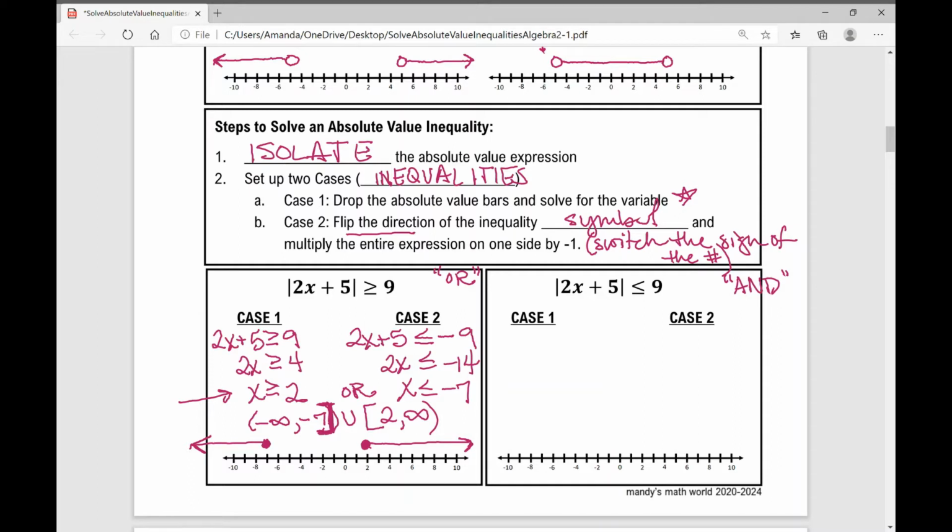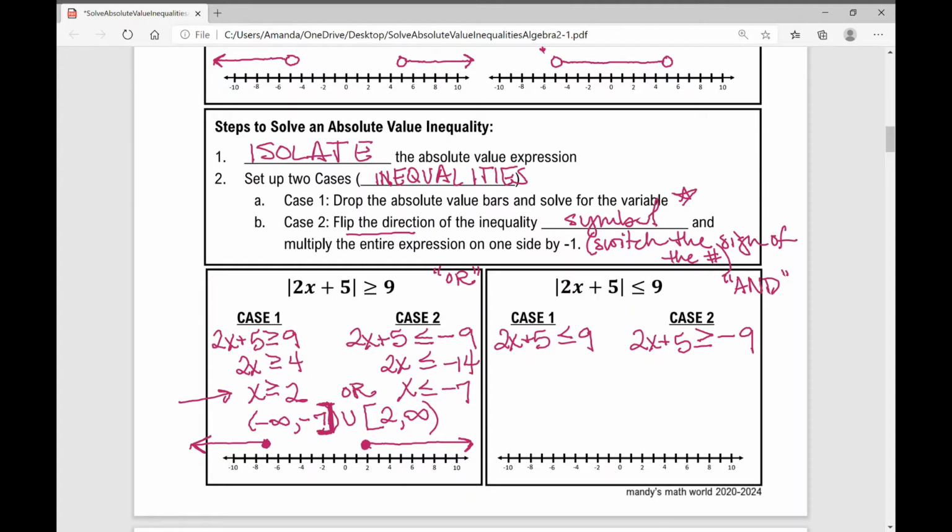Does this solution work? So the first thing you're going to want to do is just drop the absolute value bars and solve it as is. So 2x plus 5 is less than or equal to 9. In your second case, you're going to drop the absolute value bars, keep 2x plus 5, switch the direction of the inequality symbol, and then change that sign.